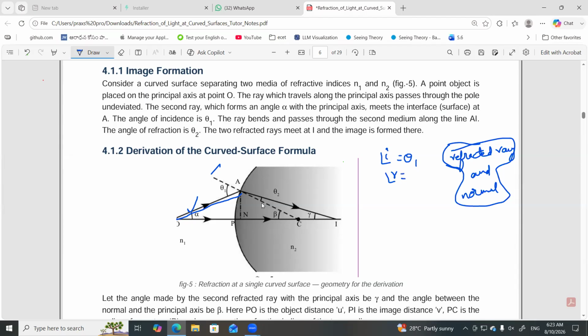With what letter is it denoted? Theta 2. You can see in the picture here: the normal and the incident ray, this is theta 1, and the normal here and this is the refracted ray, theta 2.